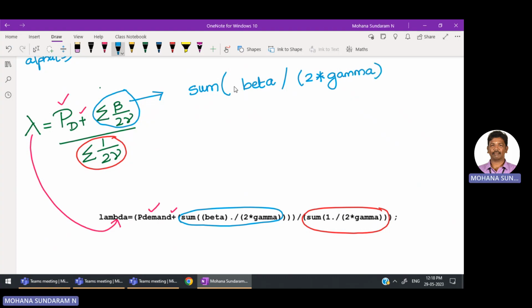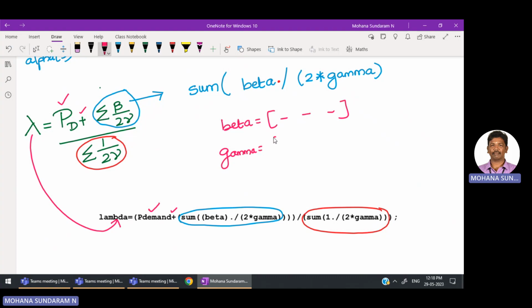The only thing you have to be very clear about here is that beta is not a single number, it has 3 numbers, it is a row vector. Gamma is also a row vector. If both are vectors, you should not use a simple ordinary division, you have to use a vector division. That means you have to put a dot. For example, beta has 3 numbers, and similarly gamma also has 3 numbers.